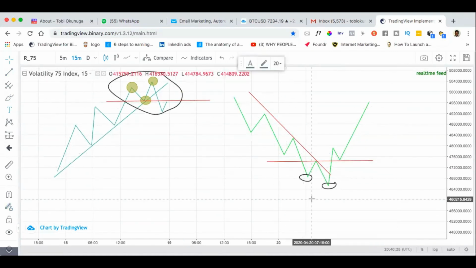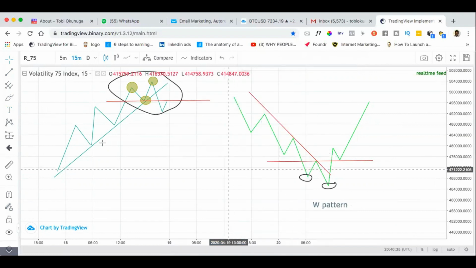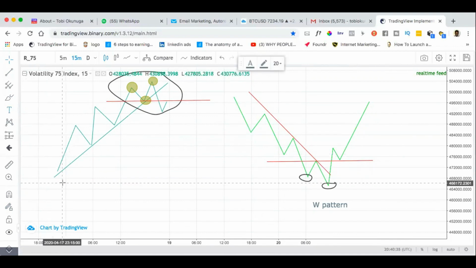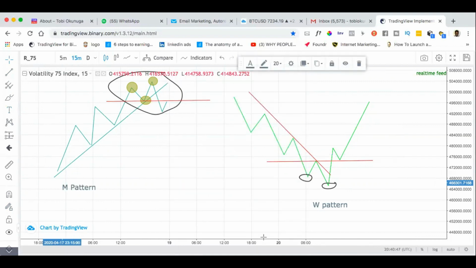So this is the W pattern. And this is the M pattern. It's as simple as that. Once you can master these two patterns, you'll be very, very profitable trading B75.